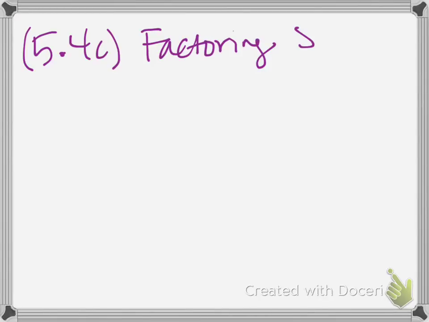So here we have 5.4c, which is factoring special quadratic expressions.